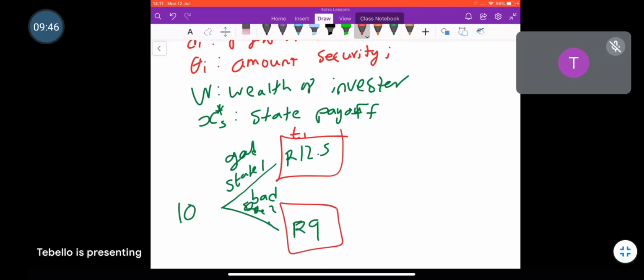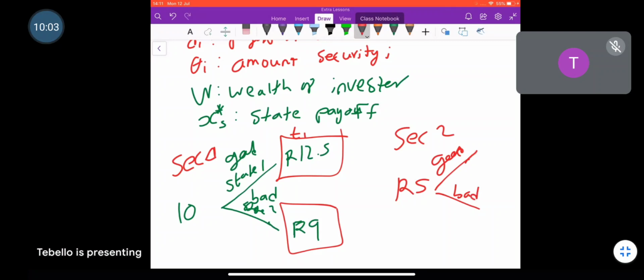So again, if let's say this one is security 1, if you have security 2, let's say again this one costs 5 rand. State 1 if it's good, state 2 if it's bad. Let's say the payout is going to be 7 here, and then here 2, right?